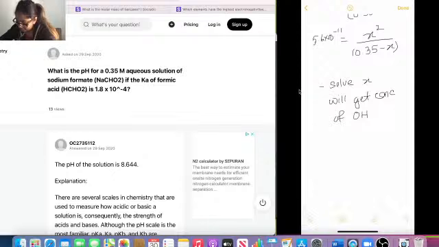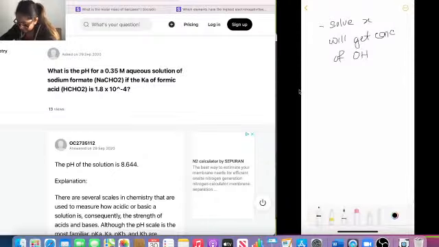And so if you do that, you get x, which is also the OH concentration. I'll just say OH is equal to basically 4.4 times 10 to the power negative 6. This is what I have got here.